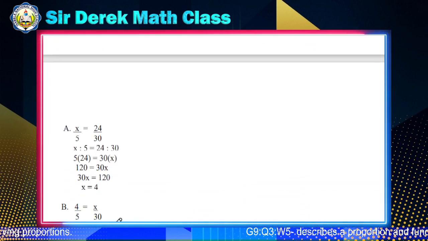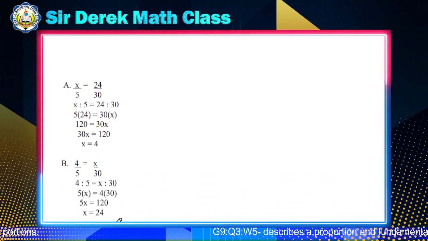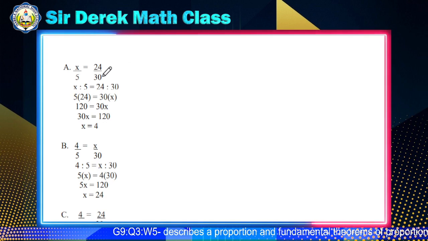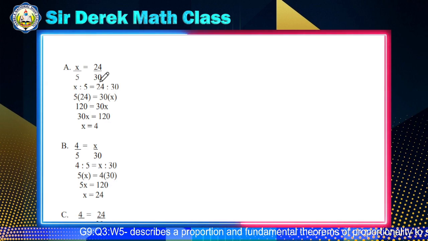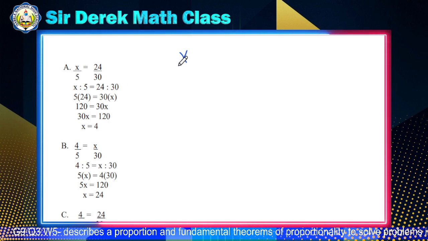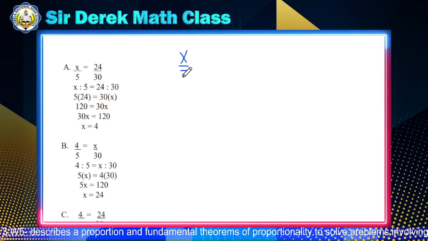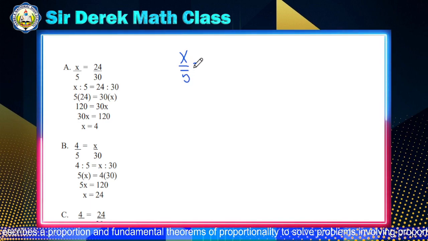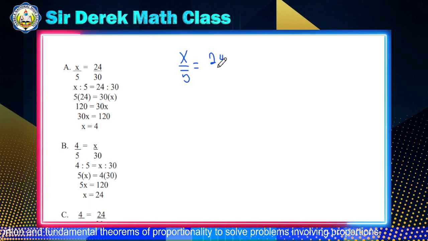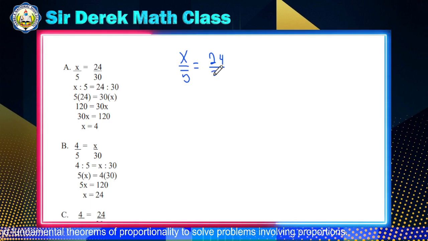So here, letter A example, we have x is to 5 as 24 is to 30. Take note of this, the most general method here is really just cross multiplication. But in some cases, you can apply the other properties, because the problem presents all the properties of proportion.